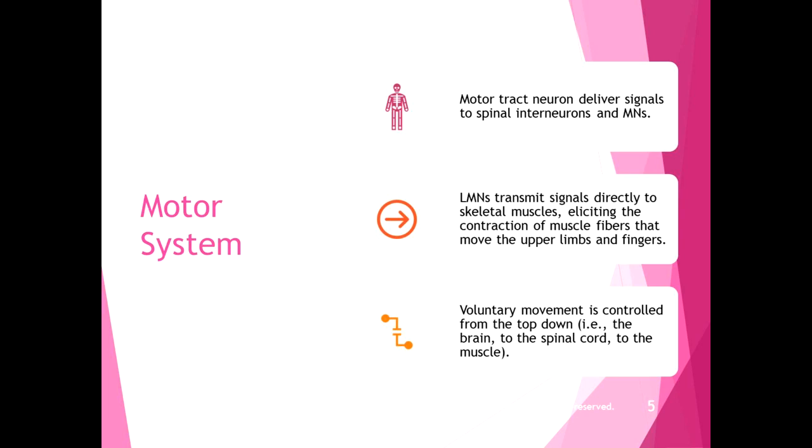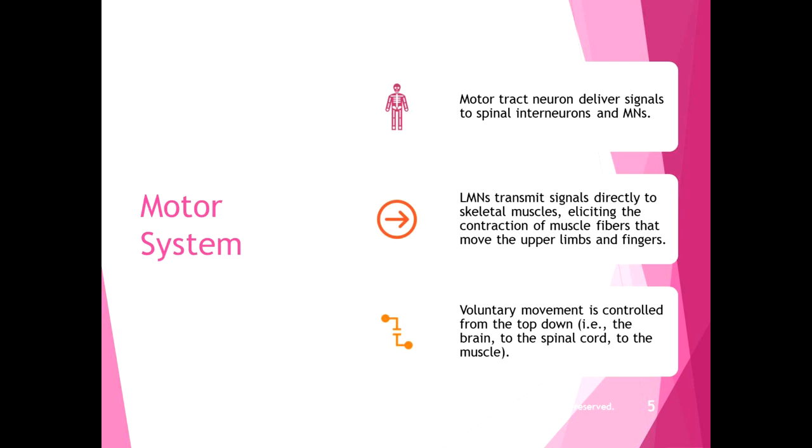The motor tract neuron, also known as the upper motor neuron, delivers signals to spinal interneurons and to the motor neurons, also known as the lower motor neurons. The lower motor neurons go from the spine to the muscle, and they transmit signals directly to the skeletal muscles, eliciting the contraction of muscle fibers that moves the upper limbs and fingers.